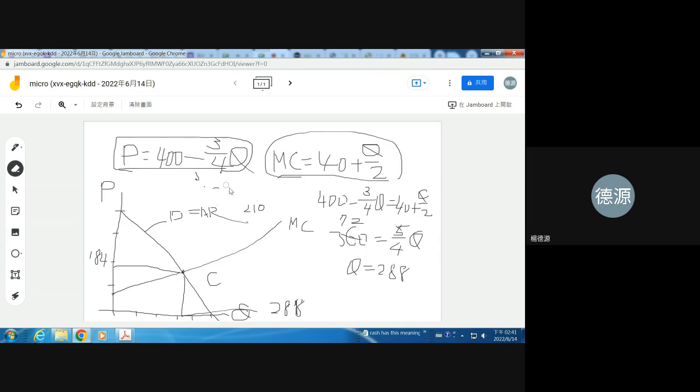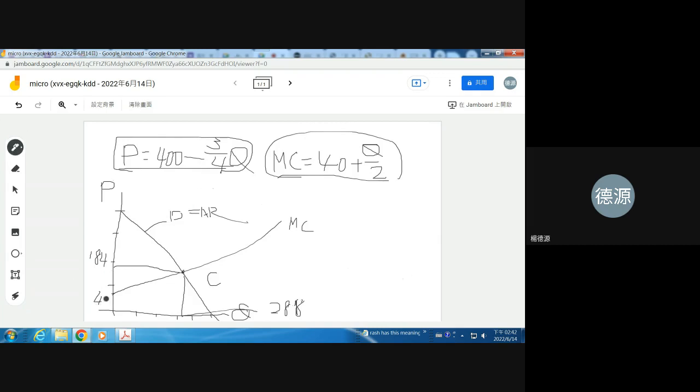Now we want to get to monopoly. Okay. And here is equal to 40. Okay. So that is all for the monopoly's case. For the monopoly case, you get to MR, right?